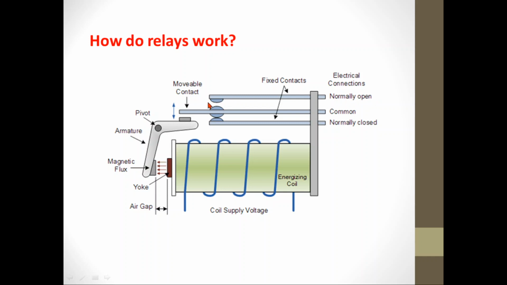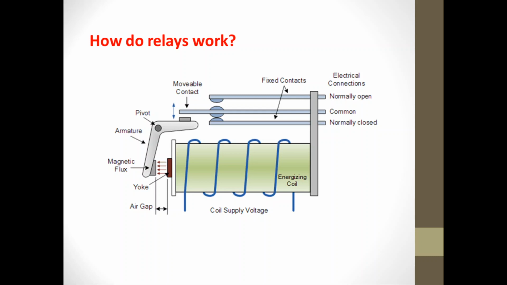The open terminal, together with the common, will now form a closed contact, and the initial closed contact between the normally closed and common will now be open. That is why we term the relay an electrically operated switch.